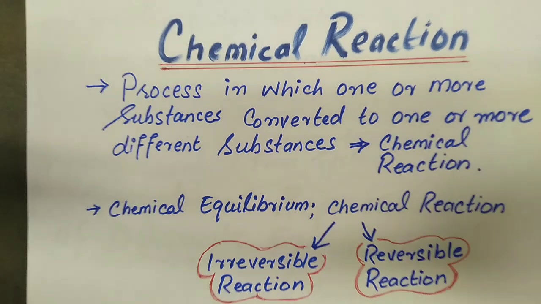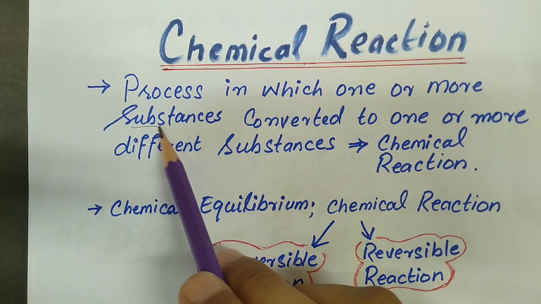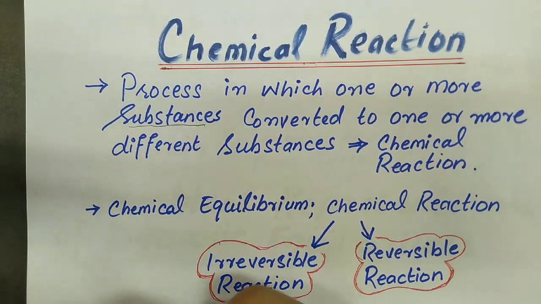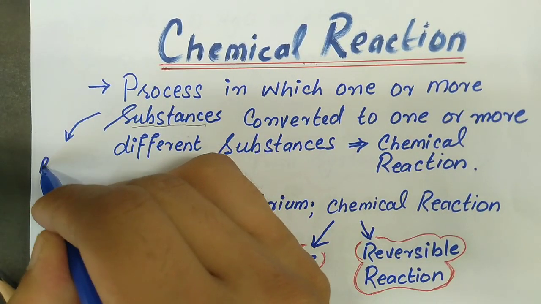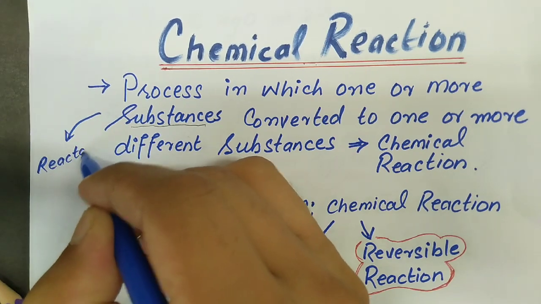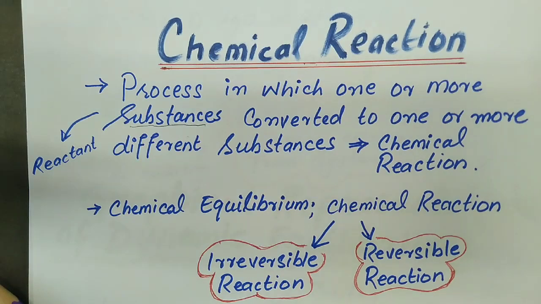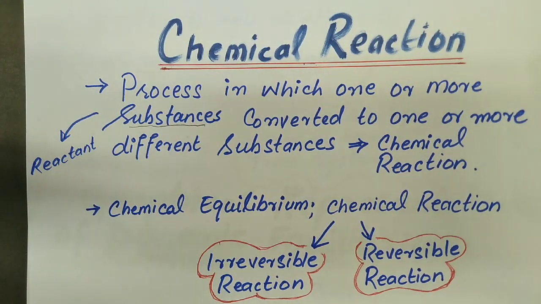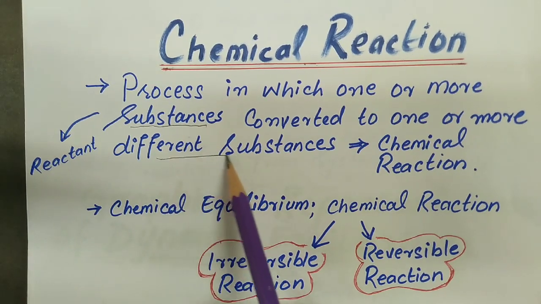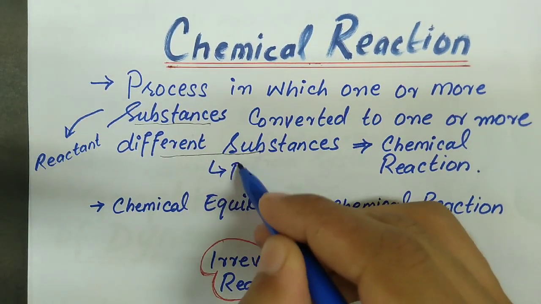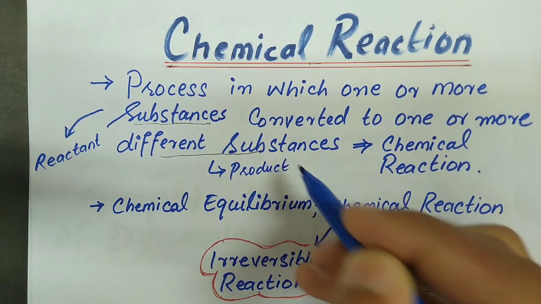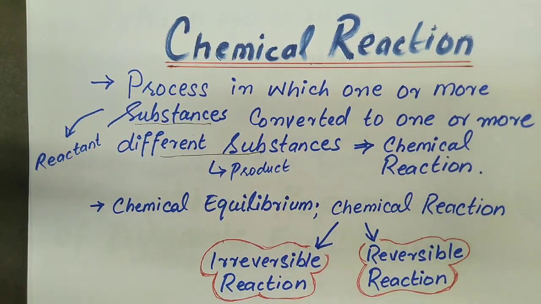Here, one or more substances is called the reactant in general terms, and on the other side, different substances means the product. So we can shortly say that the reactant converts to the product. This process is called a chemical reaction.